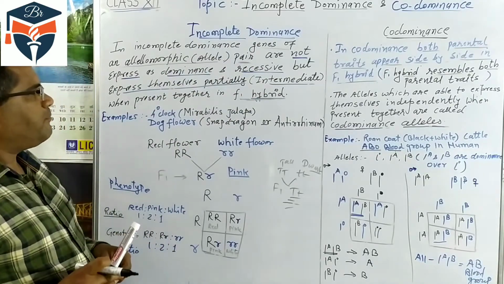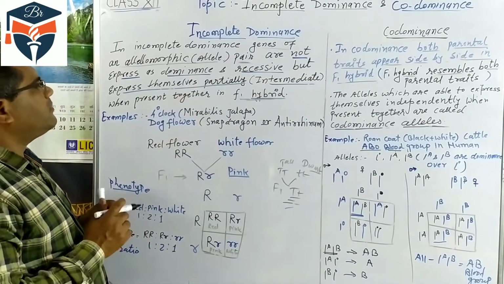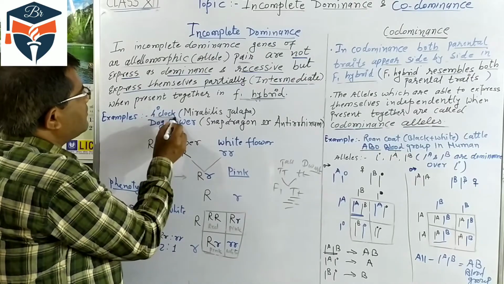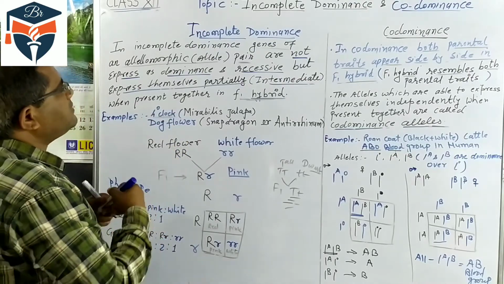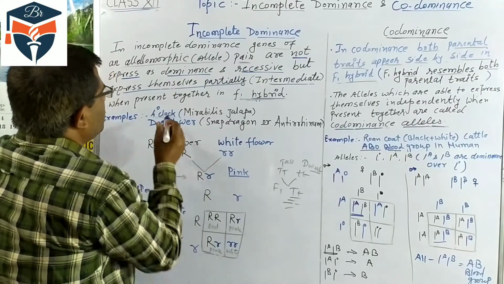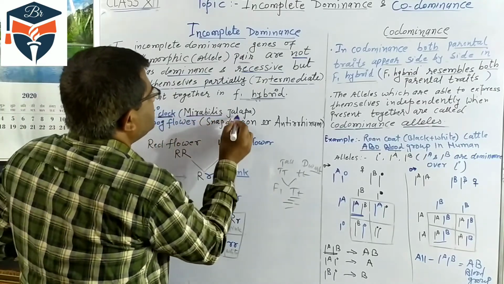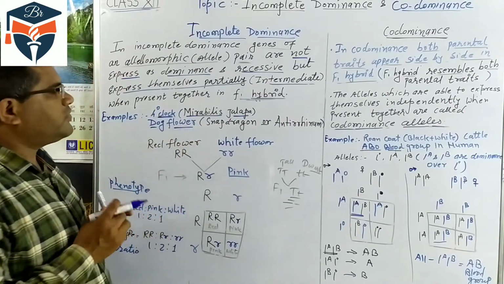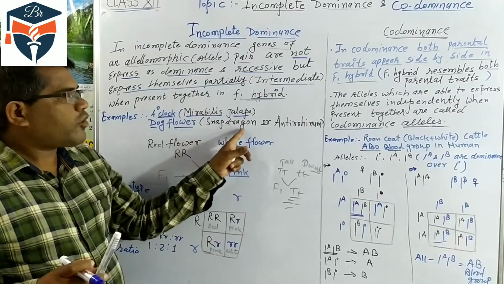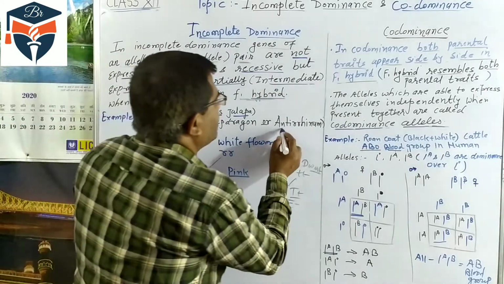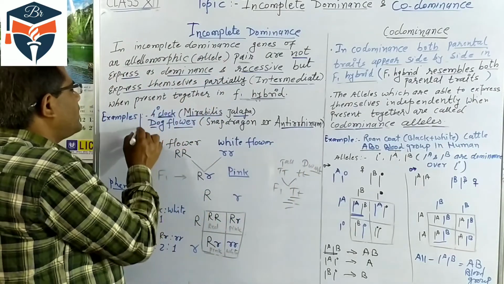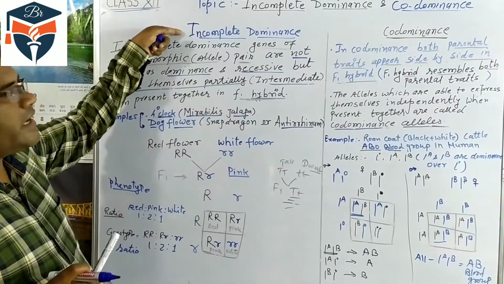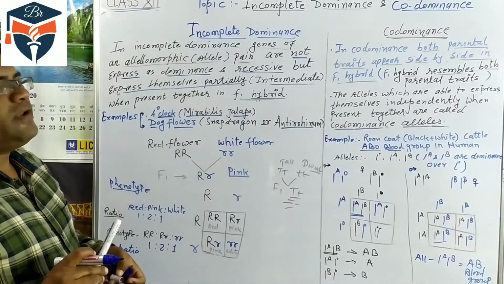This type of phenomenon is observed in many cases, but we are discussing only two: the four o'clock plant, Mirabilis jalapa, and the dog flower, commonly known as snapdragon or Antirrhinum. These are the two plant examples we are taking, and they exhibit incomplete dominance.